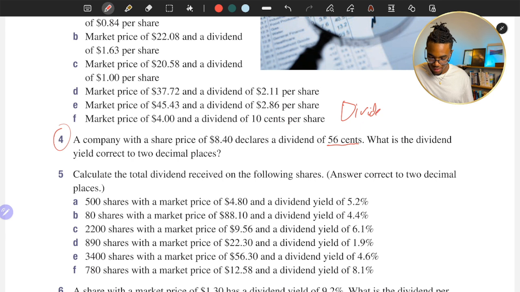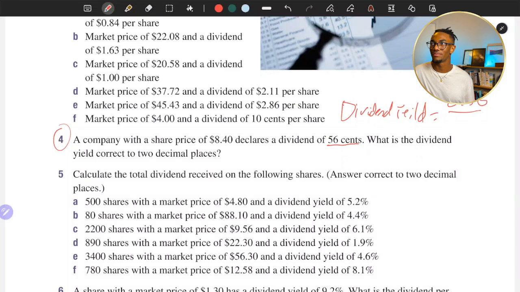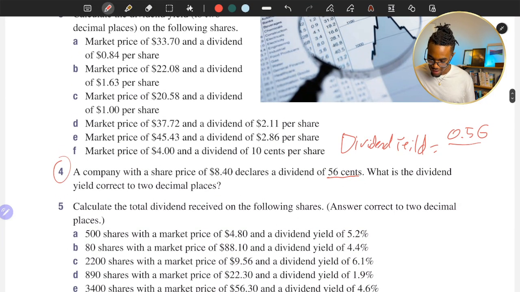Dividend yield equals 0.56 over 8.4, and that equals, times 100, 6.67%.